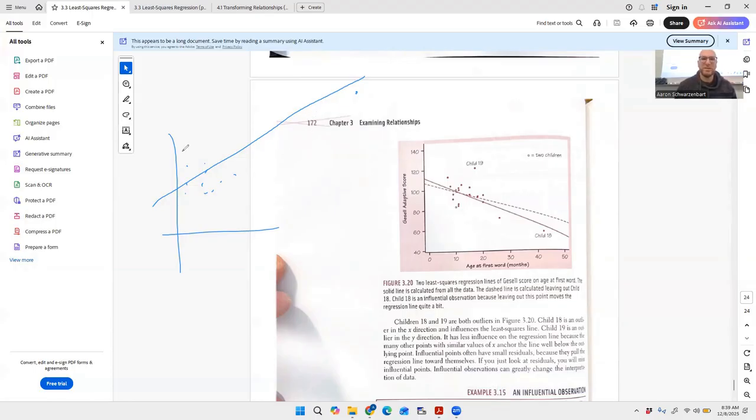Even though this was basically no correlation, you put one observation way out on X, and you will get something of some significance.